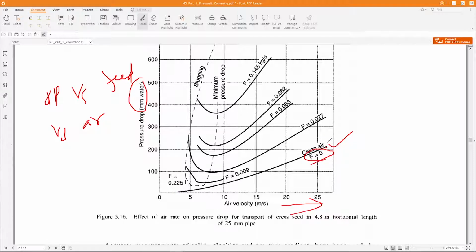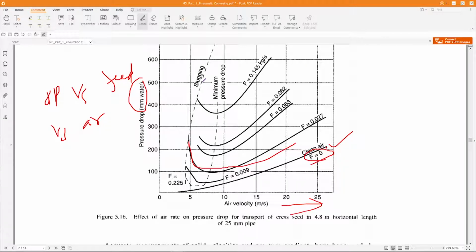If you increase the air velocity, then pressure drop will also increase. Next we have the solid flux rate of 0.009. It will increase like this. Again for this, like this.